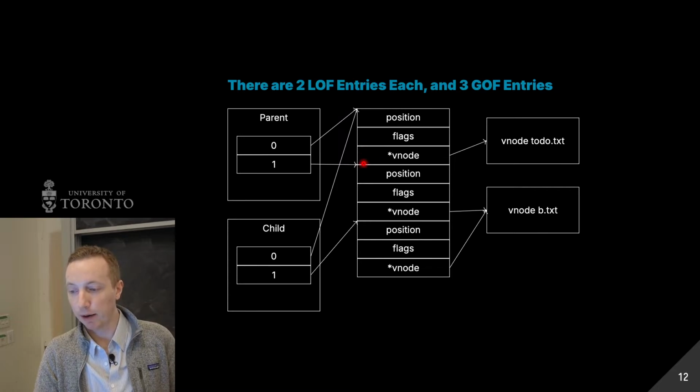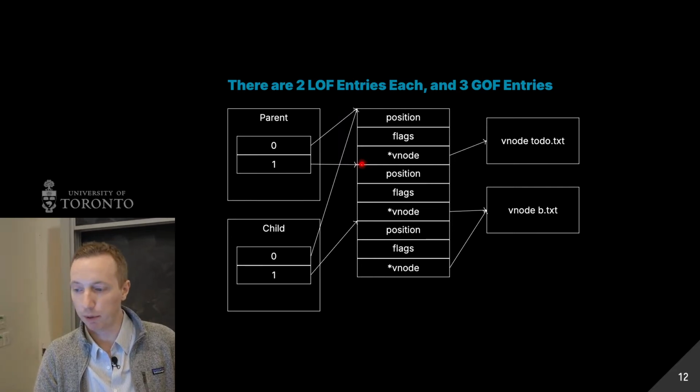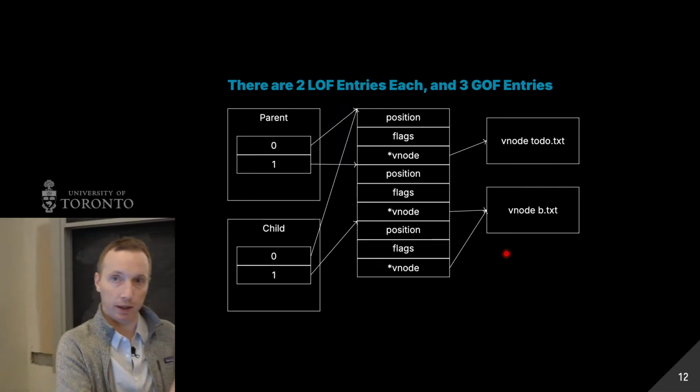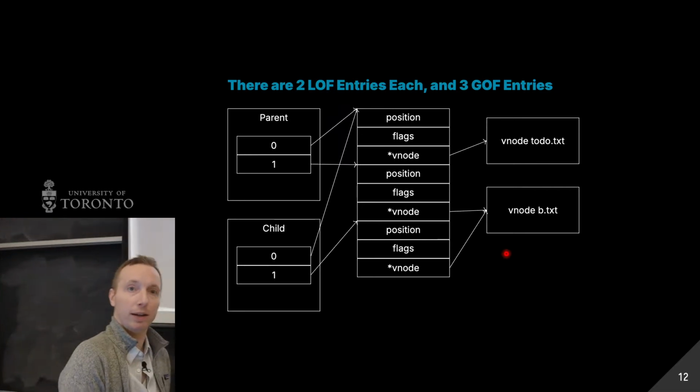Then after that, whenever they independently do their open system call, both of them create a new entry in the global open file table with the position, flags, and vnode, and they're both pointing to b.txt. So everyone okay with that?